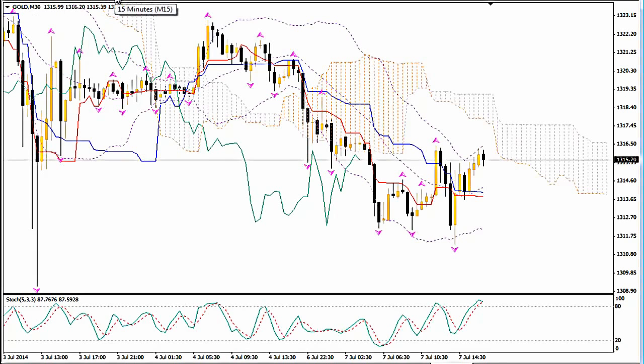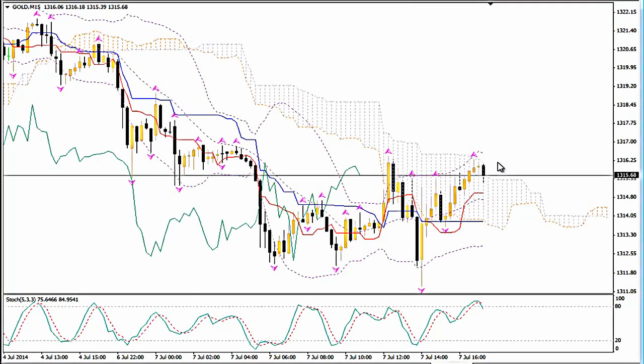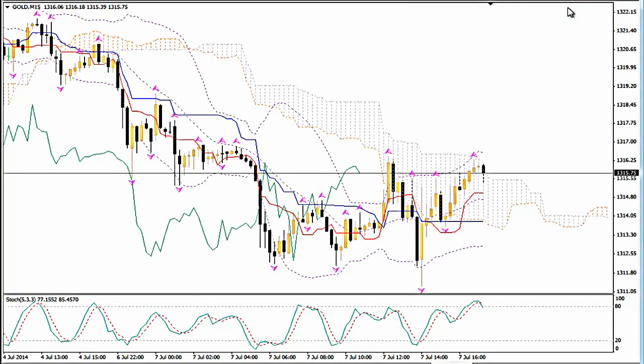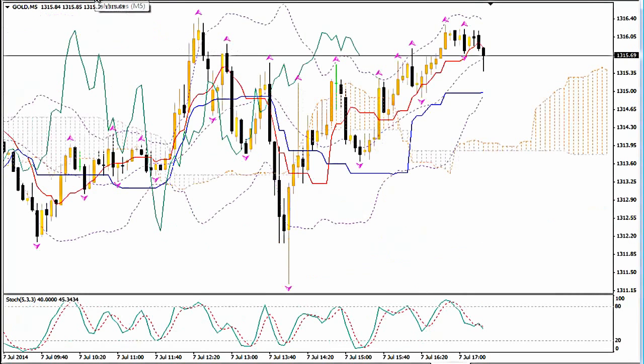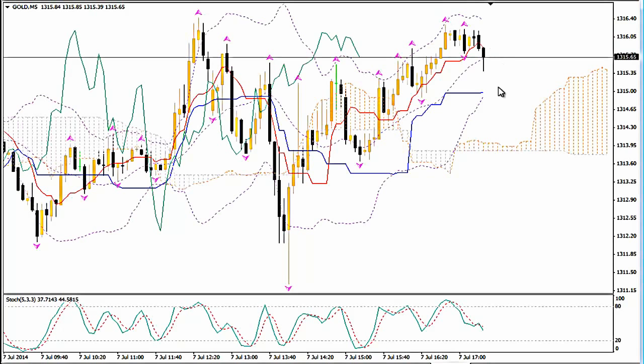Third condition, on M15, everything must be 100% bullish. It's not bullish yet. The price must be flying high up here. And fourth condition, you will wait patiently for something like this to happen here. You want a bearish, a downward move.